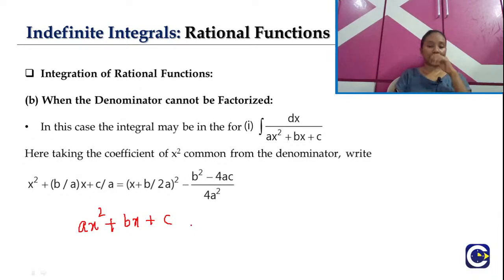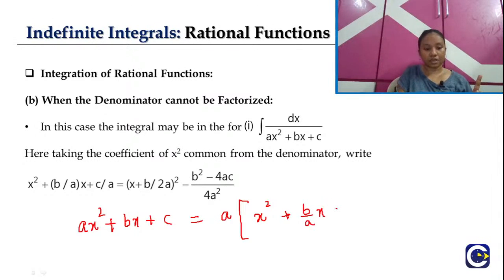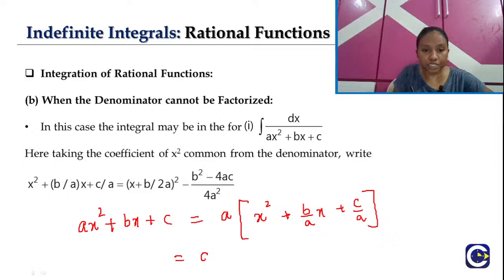Here I have ax square plus bx plus c. What I'll do is take a common. Then it will be x square plus b by a x plus c by a. Yes or no? As I have taken a as common. Now if you observe, I am going to express it in terms of a plus b whole square, so I will take x plus b by 2a whole square.